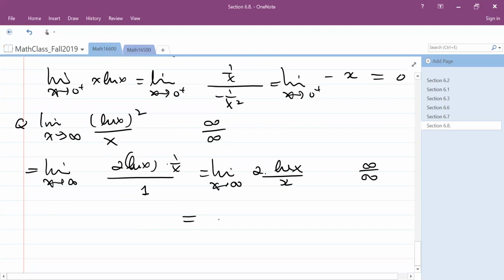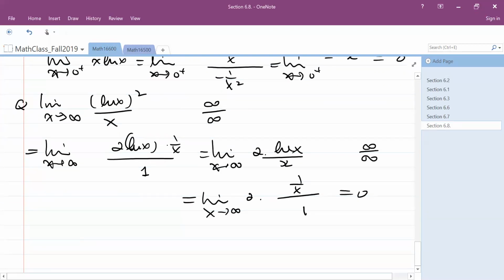So now you get 1 over x, and this is no longer an infinity over infinity type. Clearly the numerator is always 1, and the denominator approaches infinity, so the answer will be 0.